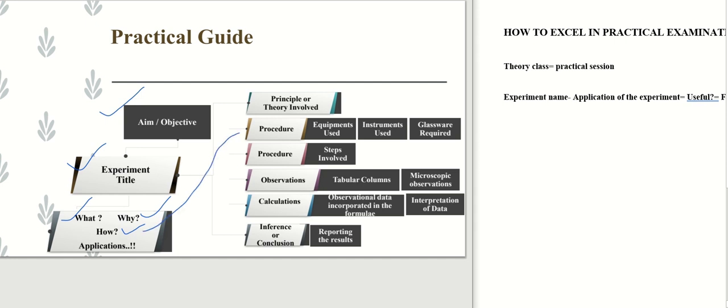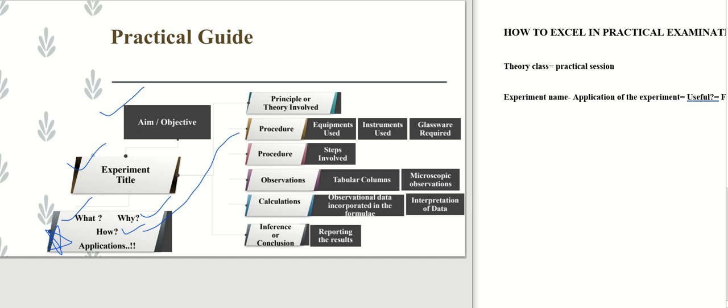And the most important point is the applications. We have discussed how this experiment can be applied in different areas and how this experiment would be helpful for a pharmacist. So this should be your approach towards each experiment when you are going through the procedure, when you are going through the theory or the principle involved in each experiment.